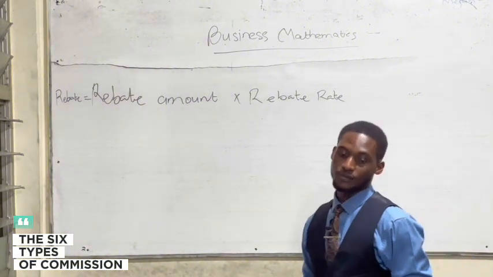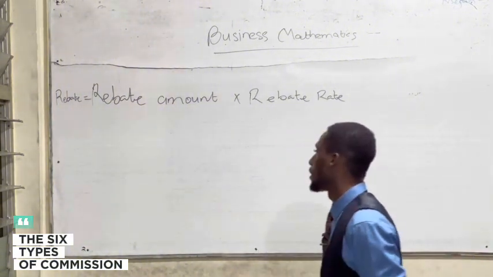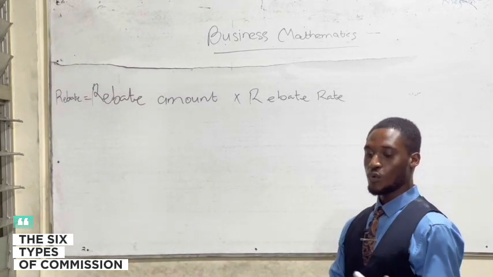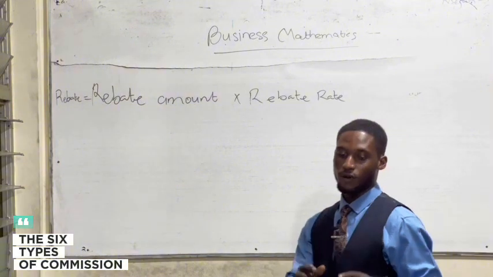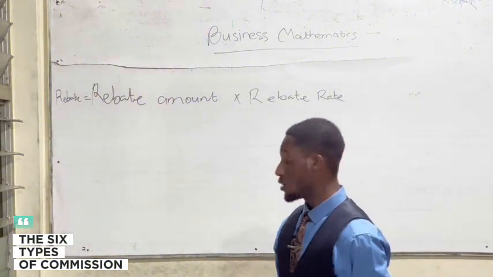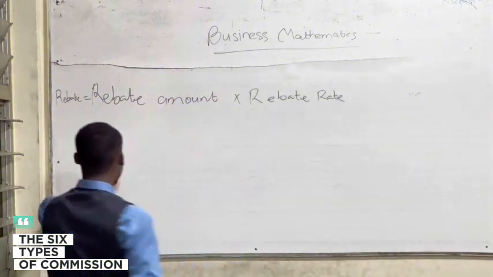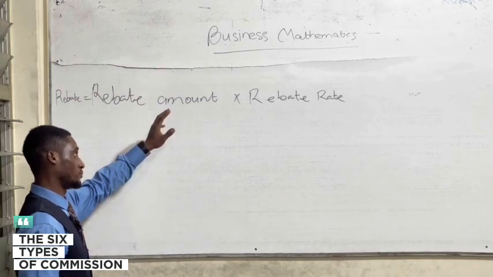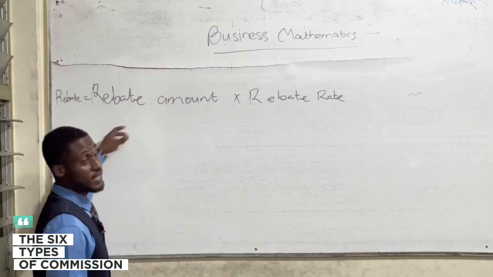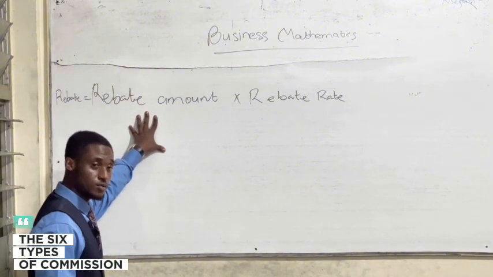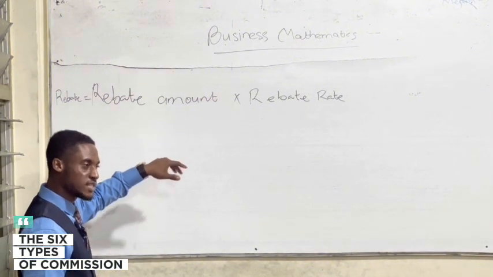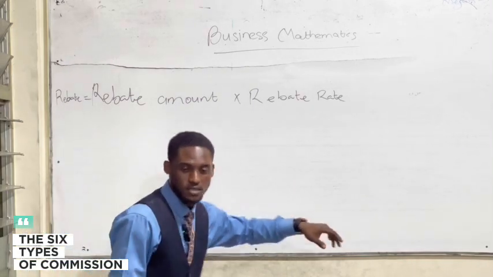And before we can find our rebate amount, we have to find our total purchases and also our minimum requirement from the question as well. Rebate amount also has its formula. You can't just go ahead to find the rebate; you have to first find the rebate amount. And before you can find the rebate amount, you have to fetch in the total purchases from the question.